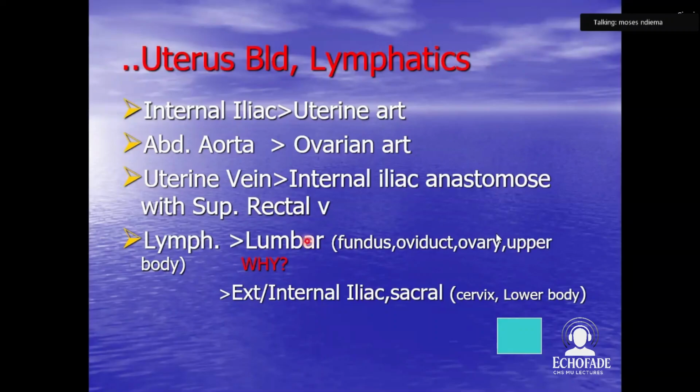This is why we have part of it from the Mullerian duct, part of it from the sinovaginal bulb, and that's why we have this particular development, and gross anatomy will address the lymphatic drainage of that.